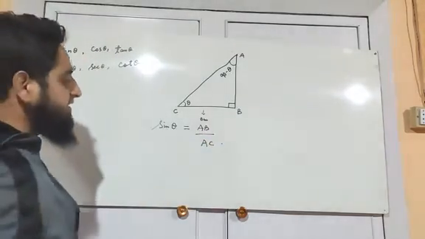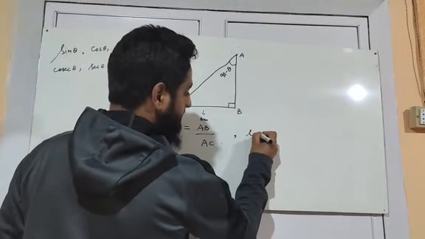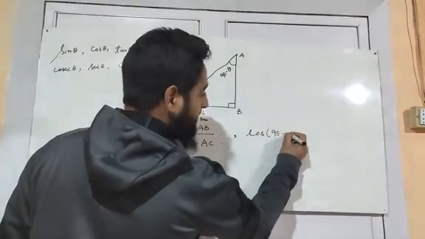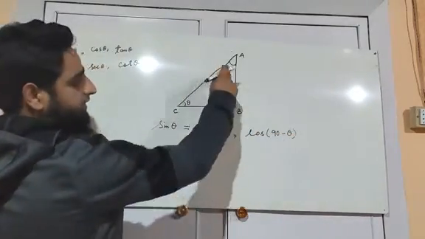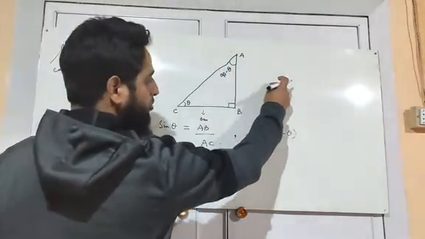If I say to any student, find cos of 90 minus theta, it means this is the angle, and this is the base.